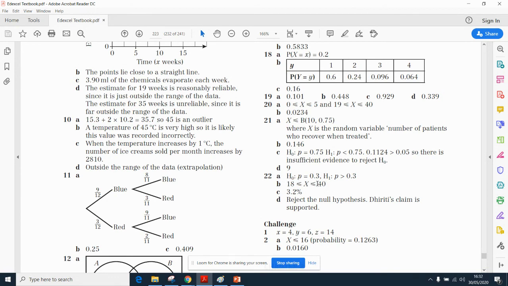If you got anywhere from 18 up to 40, then you would be rejecting your null hypothesis and accepting your alternative hypothesis. And then when you look at the actual percentage in the table, because it's not exactly 5%, it's actually 3.2%.